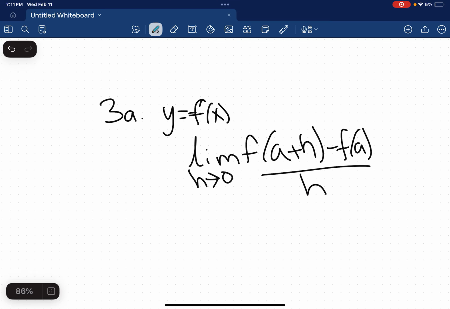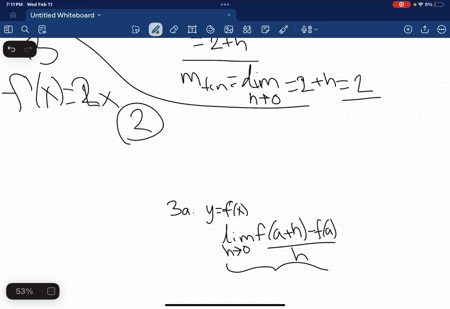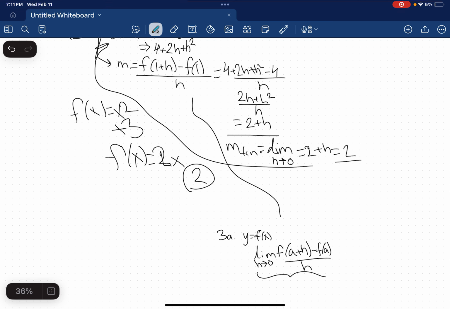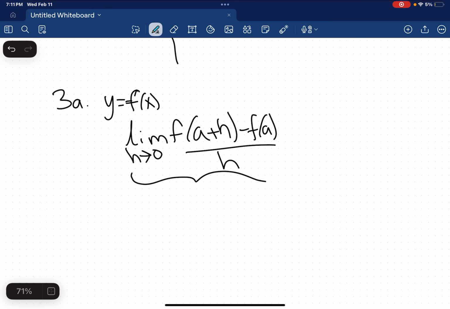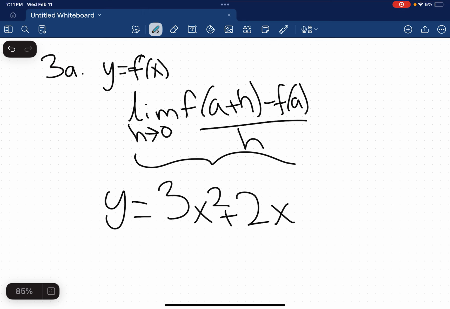The gradient of any curve is equal to this, which is what we did over here, though we were doing the secant gradient. Okay, it's asking us to find the gradient of the function 3x squared plus 2x minus 1.